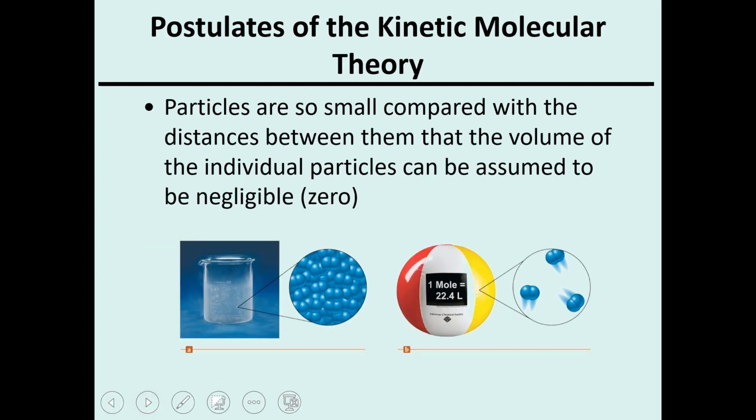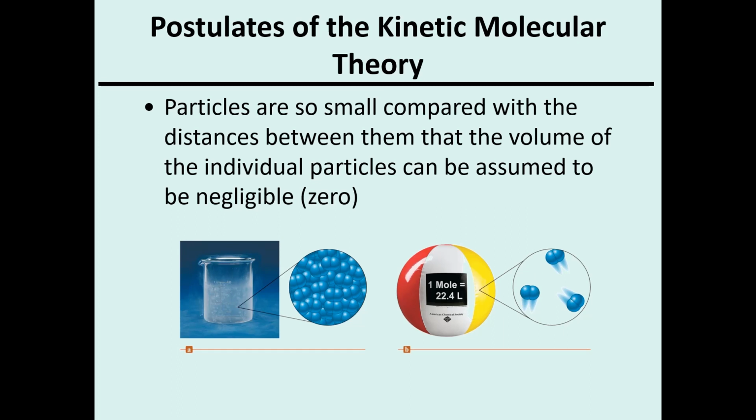So one of the postulates of the kinetic molecular theory is that particles are so small when you compare that with the distance between them, that we can essentially assume that the volume of the gas particles is something we can ignore. It's almost negligible, so we consider it to be zero.